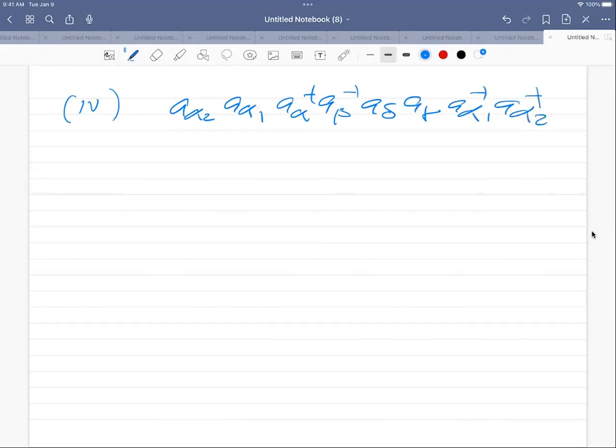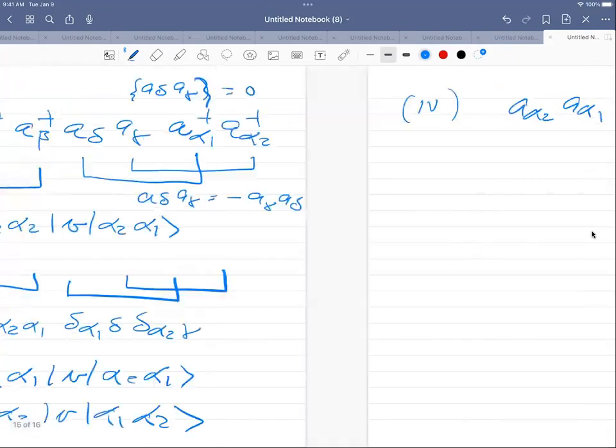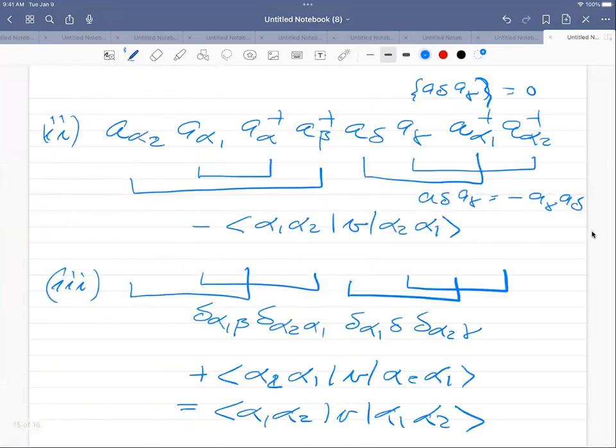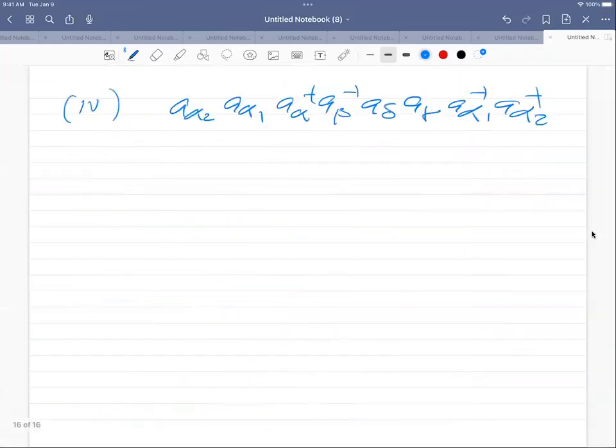So if you look back at the previous case, where we interchanged gamma and delta, we are going to keep this one as we did in the beginning, but now we interchange these two.